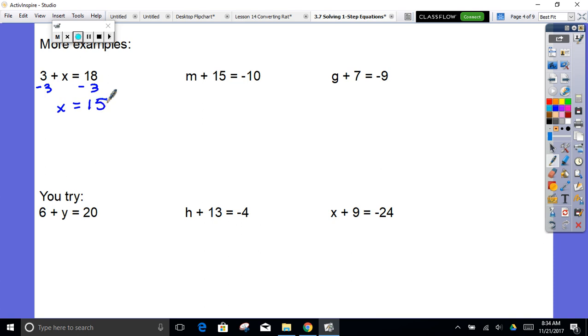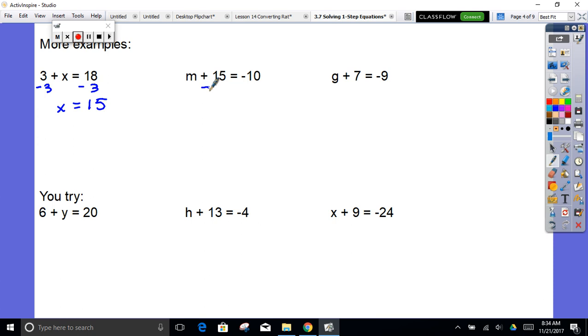And remember, because of the commutative property of addition, we could also have just flipped that around and written it as x plus 3 equals 18, and it would be the same thing. The next one has a negative number on one side, which is something you certainly did not encounter in 6th grade.